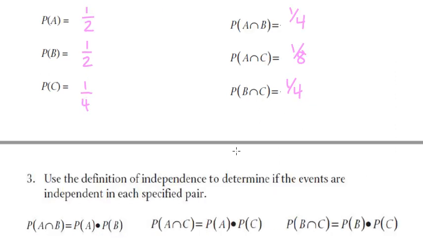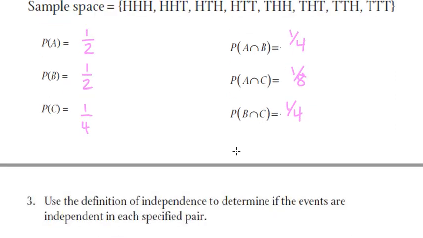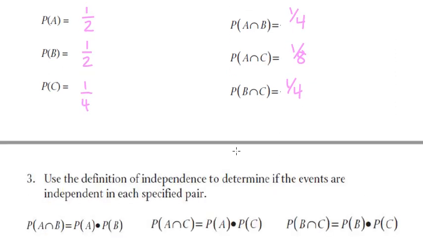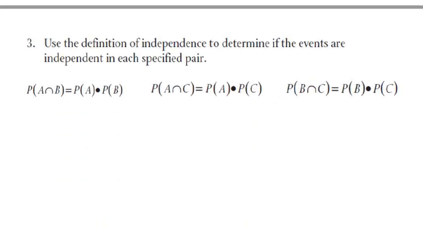Now, if we want to determine whether or not each of these events is independent or dependent, we just need to use our rules here. So the probability of A and B, according to the list that we just created, was 1/4.